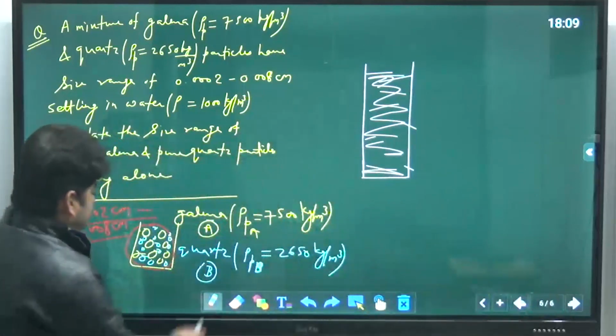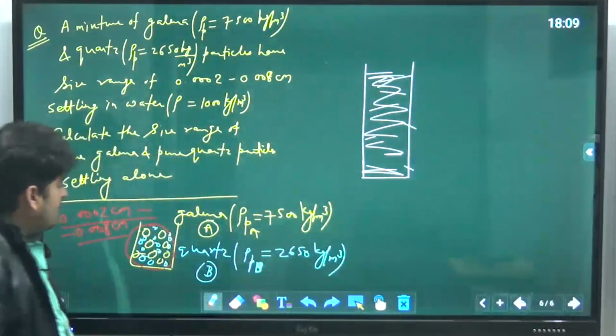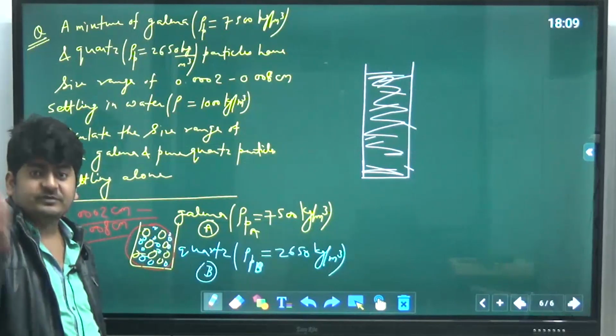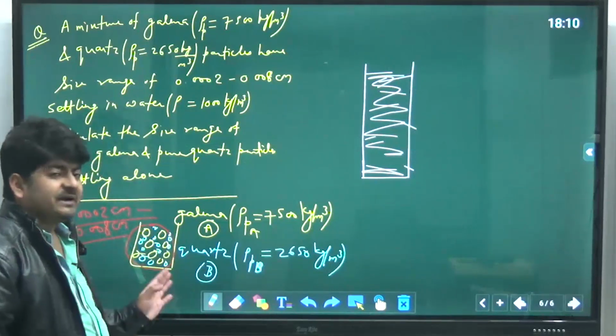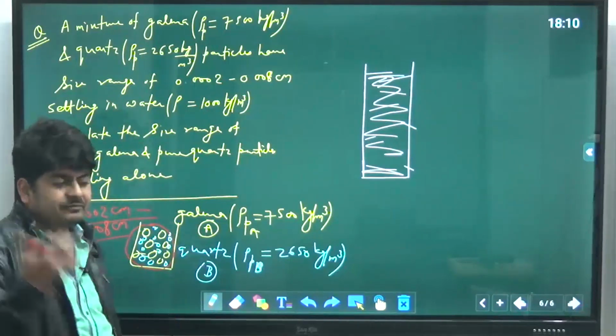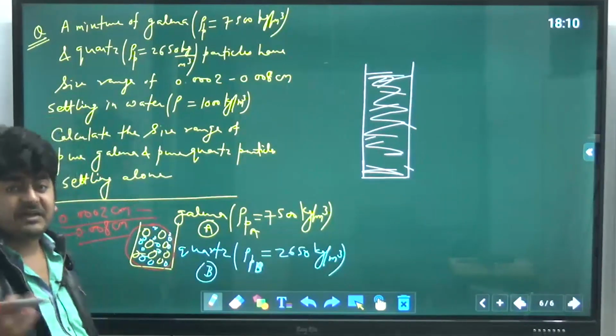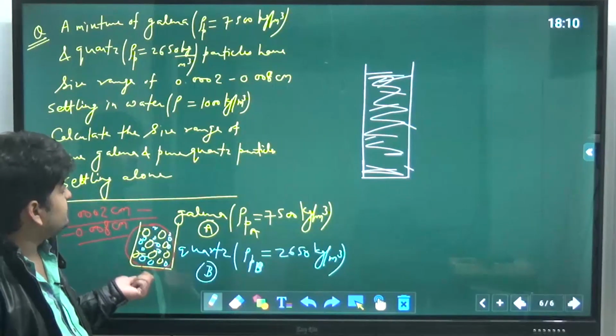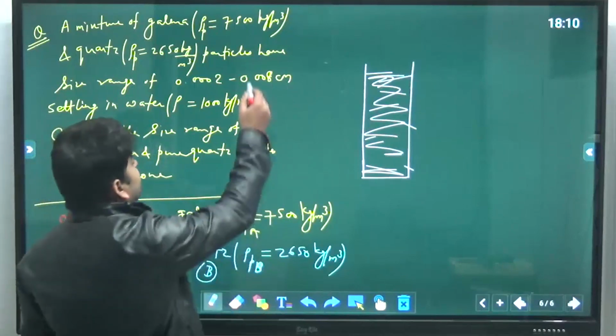So, what will happen? So, just first assume, try to visualize. Suppose all these particles have same diameter. In that case, as nothing is mentioned about the shape, so we will assume that all particles have same shape.